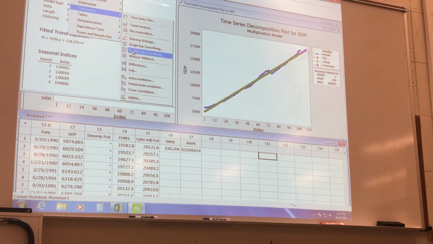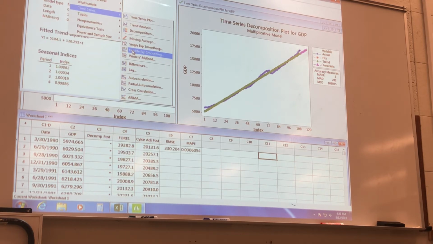One equation calculates trend, and the other calculates cycle. So the data can only have trend and cycle to use double exponential smoothing. If you've got seasonal data, don't use it. But GDP only has trend and cycle, so we can use the double exponential.